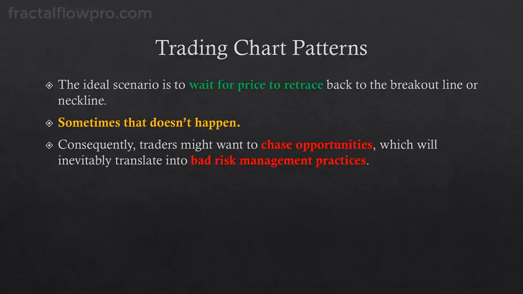Another way of thinking about this is that if you don't wait for the correct entry point to occur, which doesn't always happen, you will be taking more risk than what's necessary, and your trade will have a lower probability of hitting the target. Some traders will try to bypass this problem by altering the stop loss placement, which is a dangerous idea.